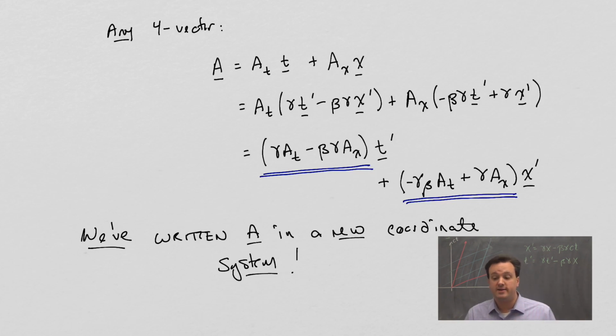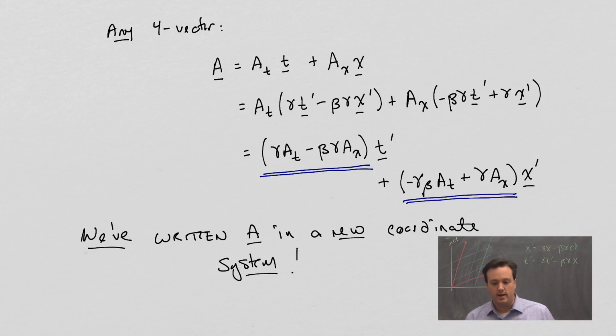That is, A, expressed in the t prime and x prime coordinate system, has information that used to be in the t and x components of the original vector. That is, when I move A from the unprimed frame to the primed frame, both the t and x components change, and they exchange a little bit of information with each other and some information about the relative velocities of the system.